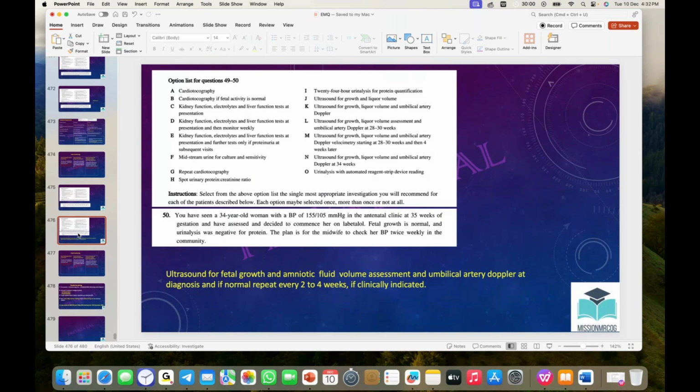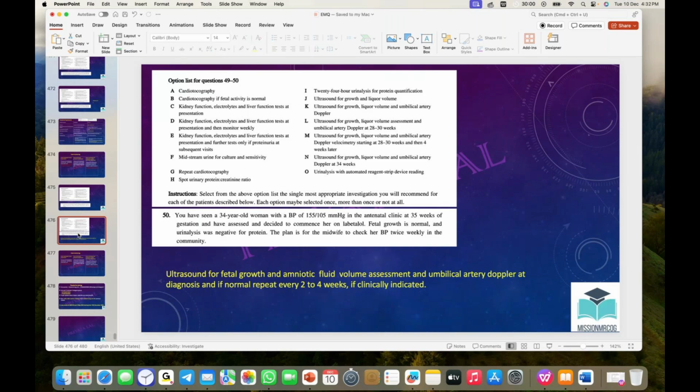In that situation, you can consider M. She is already 35 weeks. So if the USG is fine, then it should be done every 2 to 4 weeks. That is the rest. What could be the answer? Or again, blood pressure.